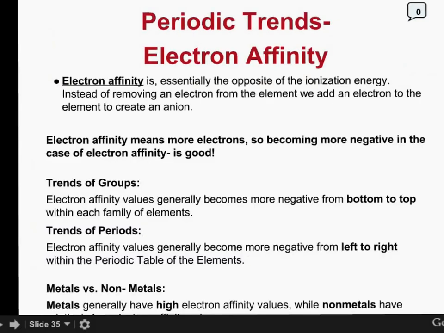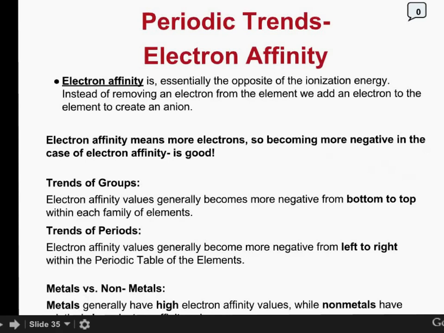And the last trend here, electron affinity, is the opposite of ionization energy. Instead of removing an electron from the element, we add an electron to create an anion. One of the weird things with electron affinity is this in bold right here: electron affinity means more electrons, so becoming more negative in this case is good.